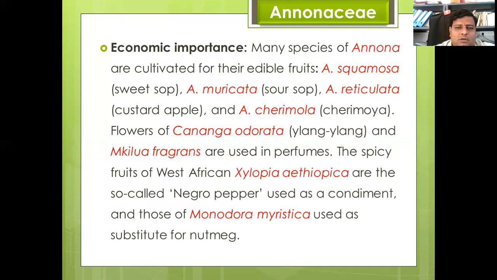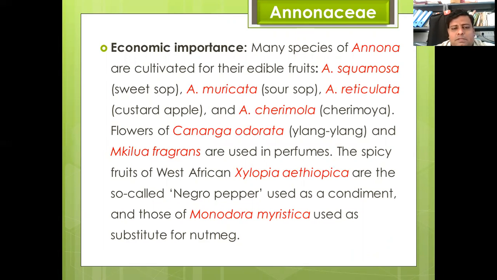Annona squamosa, Annona muricata, Annona reticulata, that is custard apple, the one we eat, Annona squamosa, and Annona cherimola. Flowers of Cananga odorata, ylang-ylang, and Michelia fragrans are used in perfumes.